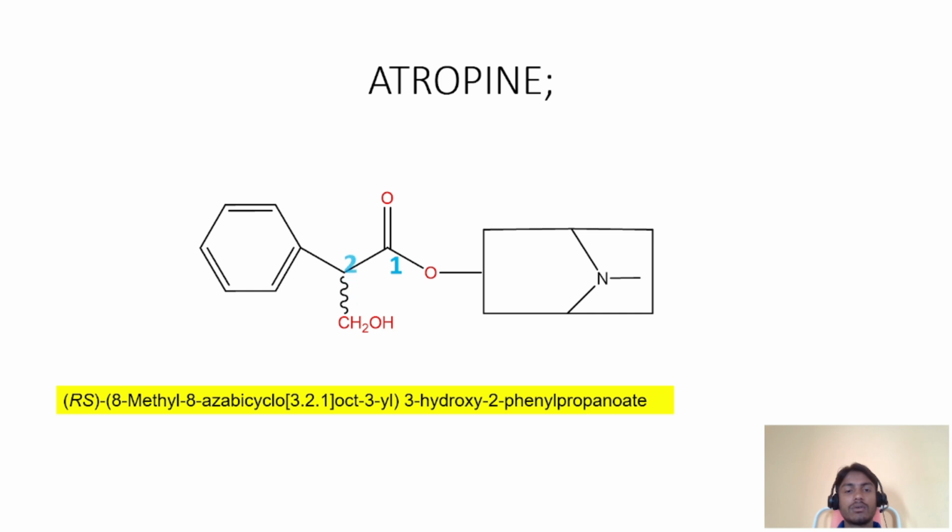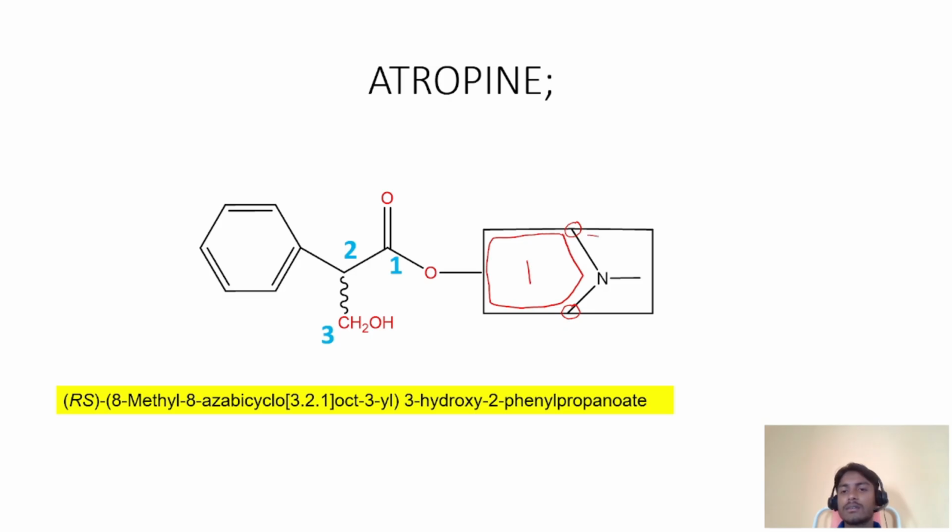1, 2, 3. After that, this is a bicyclic compound. In atropine, for a bicyclic compound, the nomenclature and numbering are completely different. How can we identify it? These are the bridge head atoms. If I start my journey from here, go like this, and end here, that is one ring.